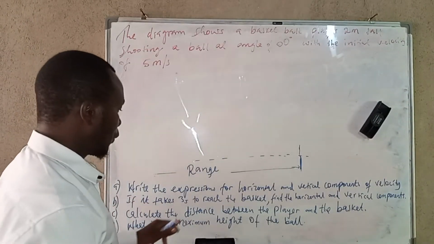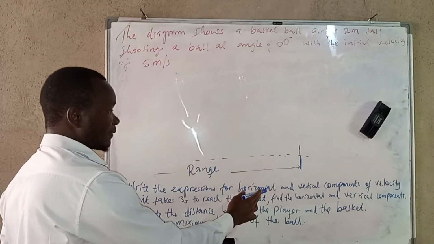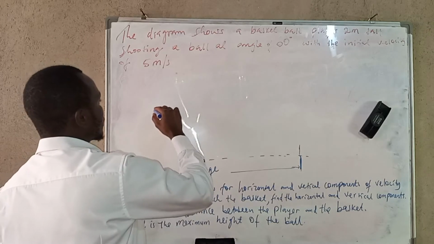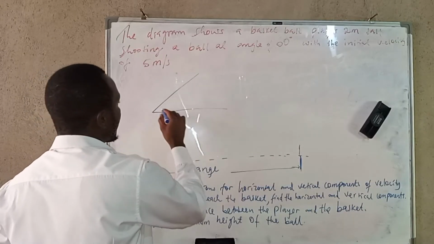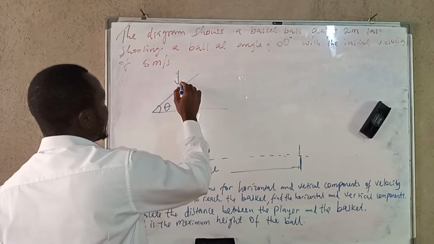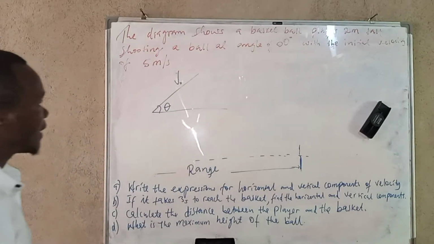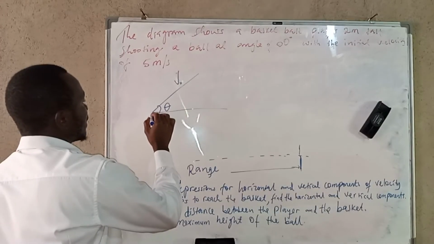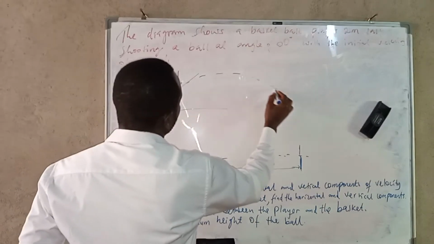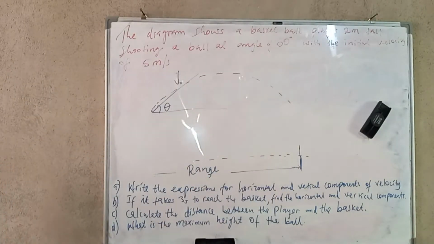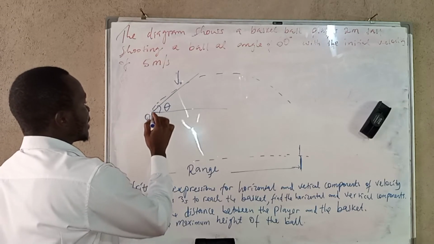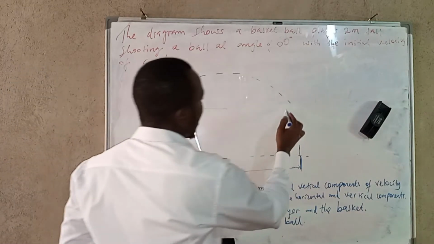So in trying to come up with expressions for vertical and horizontal components, we have a scenario such as this one. We have theta here, then we have this one, which is the V naught. So this was projected at this angle. The scenario that we had: the man standing here, the ball is here, then the basket is somewhere here.